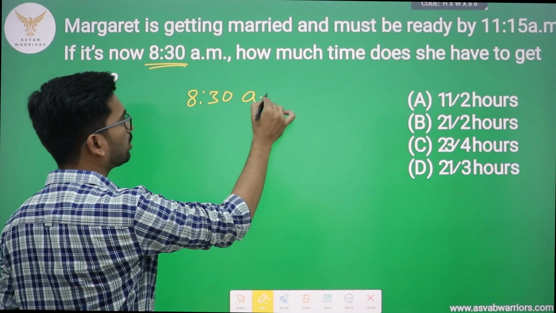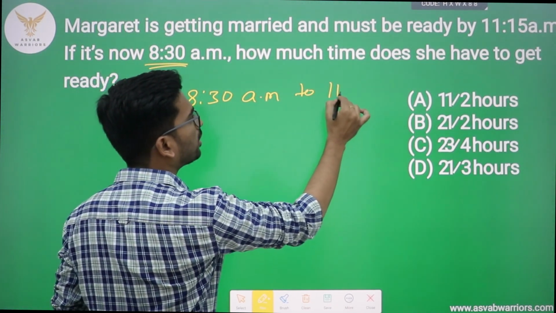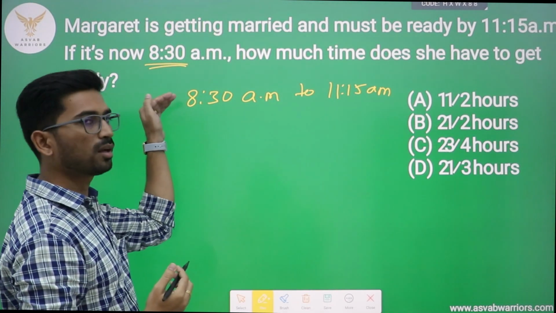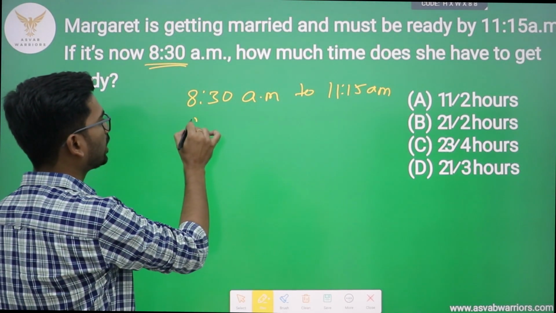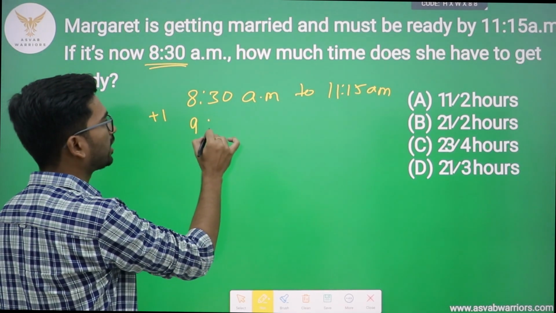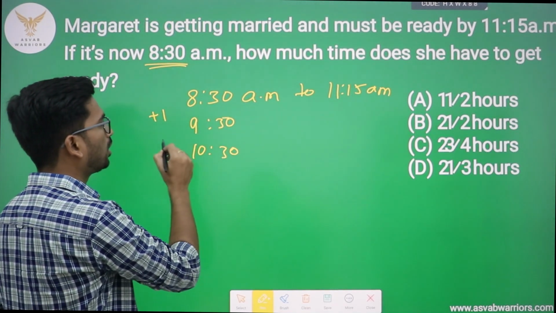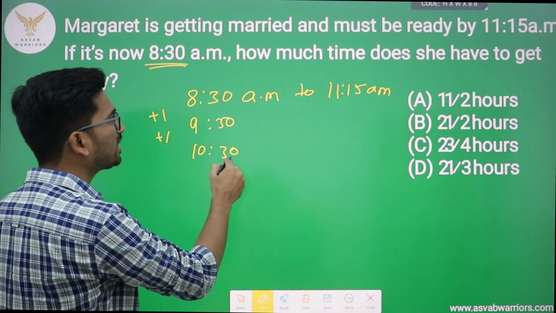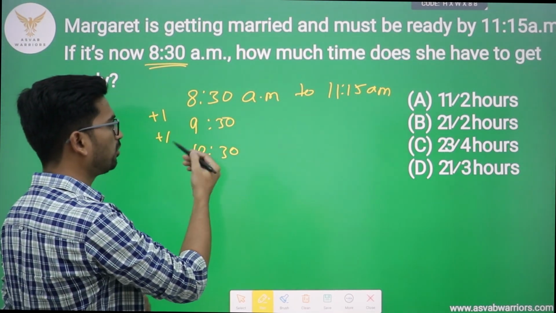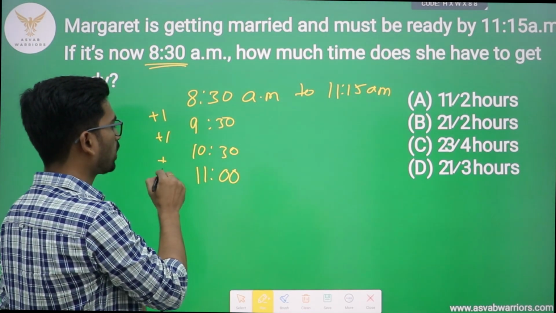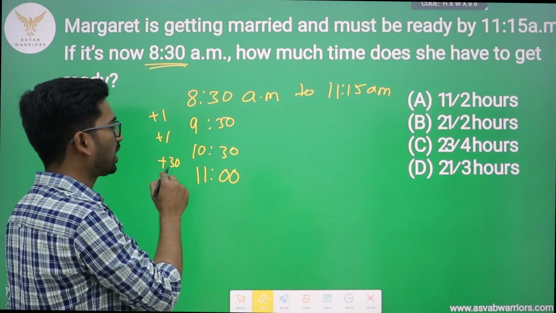8:30 a.m. to 11:15 a.m. Now if we add up 1 hour, we will get 9:30. Again, 9:30 to 10:30 will be another hour. Then what is 10:30 to 11? If we go to 11 a.m., we need to add 30 minutes more, or half an hour.